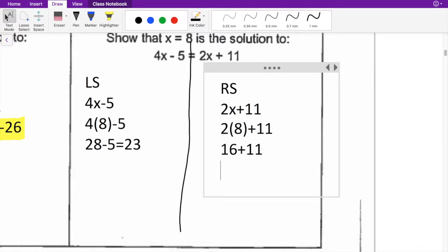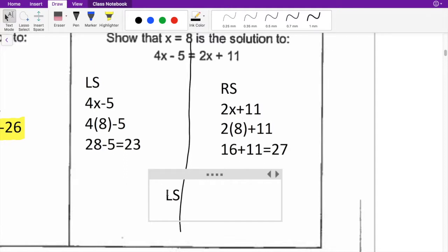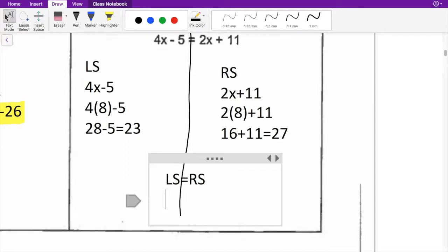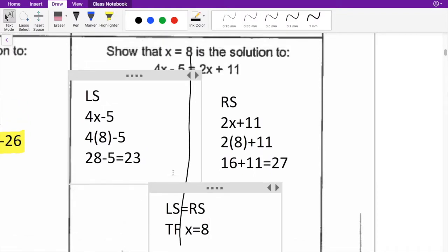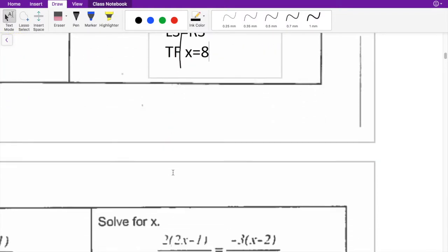So our answer is going to be, let's press equal and let the computer do it, 27. So therefore, left side equals right side. Therefore, x is equaling 8.